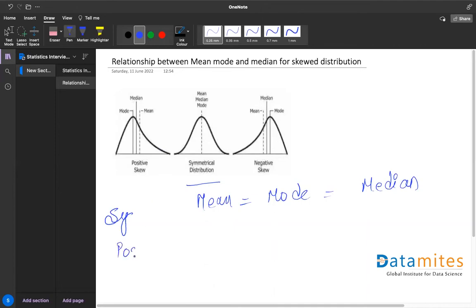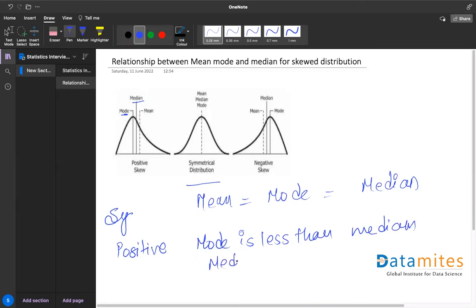So for positive skewness, what you will have first, see, mode is coming. If you look here, mode is less than median, and median is less than mean.